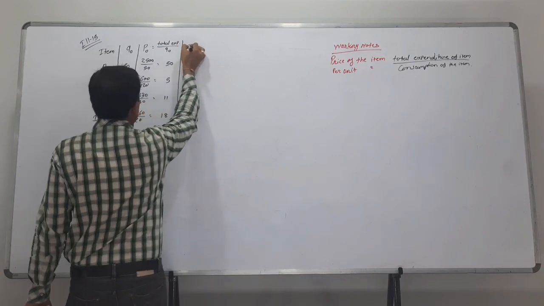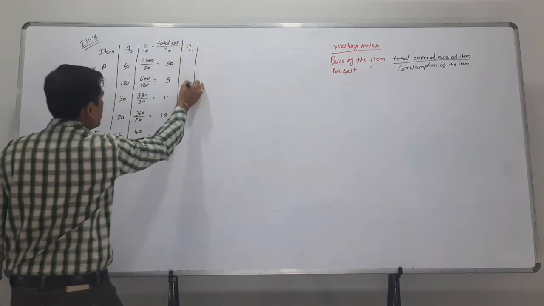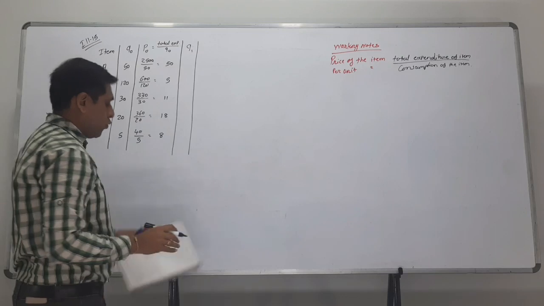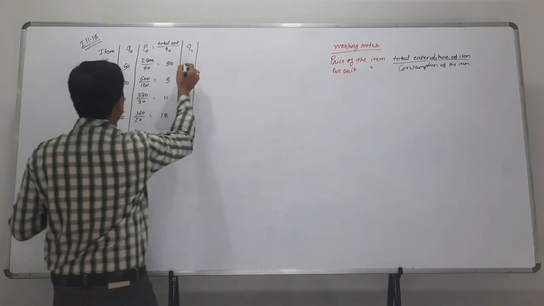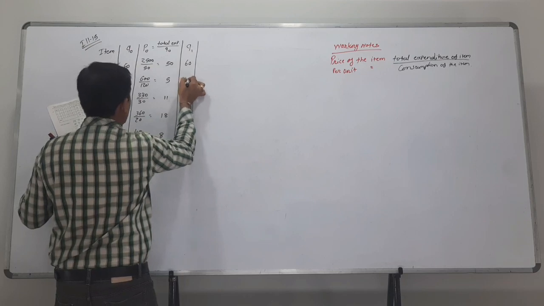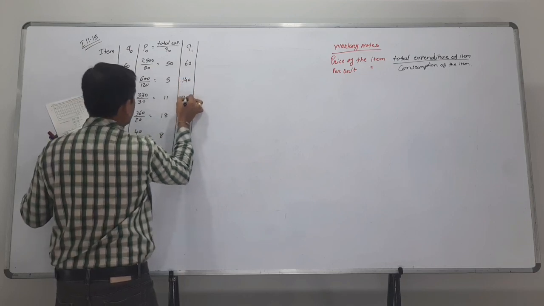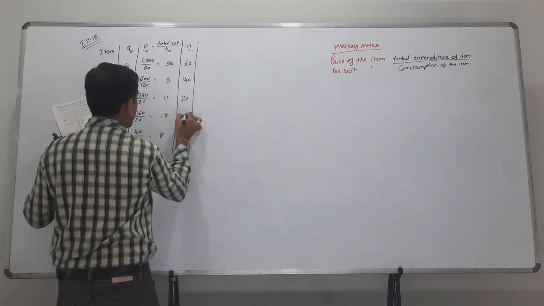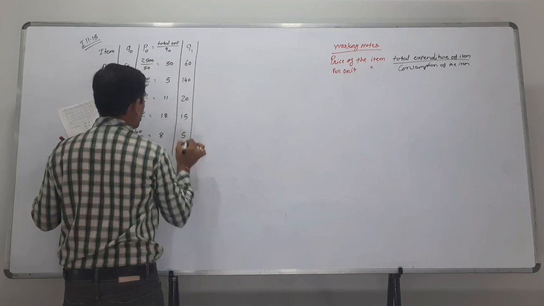Now what is given? Q1 is given. We have to write first Q1: 60 for item A, that is the current year quantity, then 140, then 20, then 15, and in the last 5.